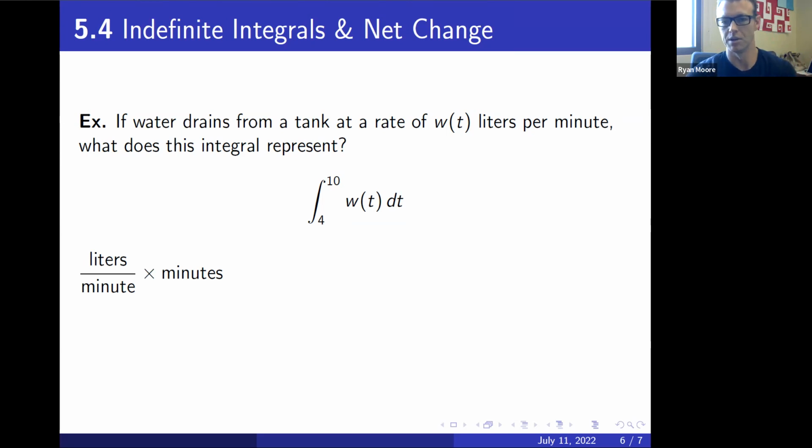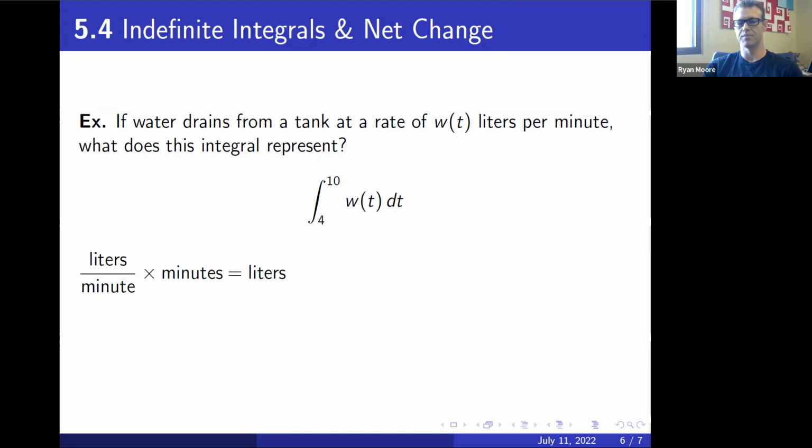So if you think W of t is being multiplied with dt, literally think about the units there. W of t is liters per minute. dt is the units of time, minutes. So W of t times dt, we would just get liters here. Okay, so it's something just with liters.